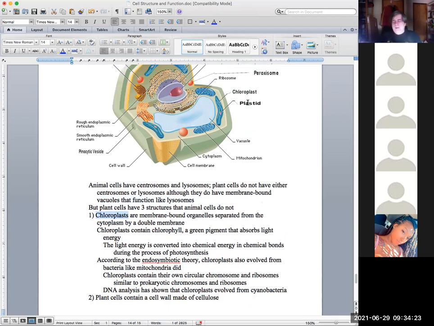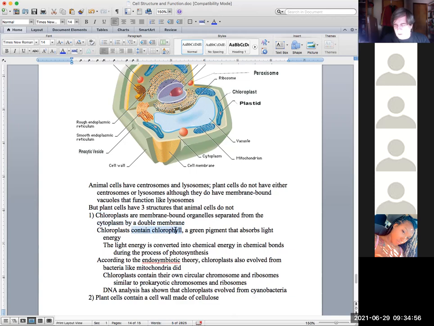A chloroplast is a membrane-bound organelle that's separated from the cytoplasm by a double membrane. So notice this is three organelles that we've talked about now that are separated from the cytoplasm by a double membrane. The nucleus, that nuclear envelope, was a double membrane. The mitochondrion a few moments ago, and now the chloroplast.